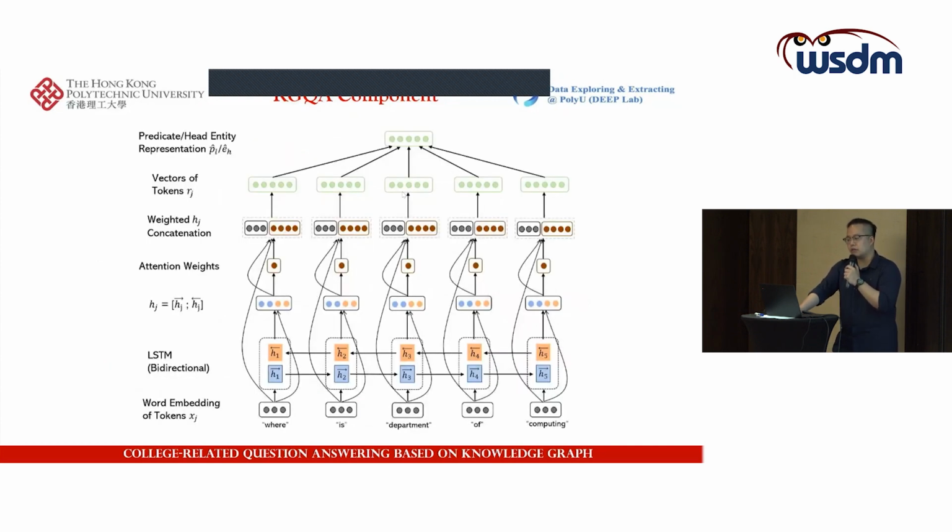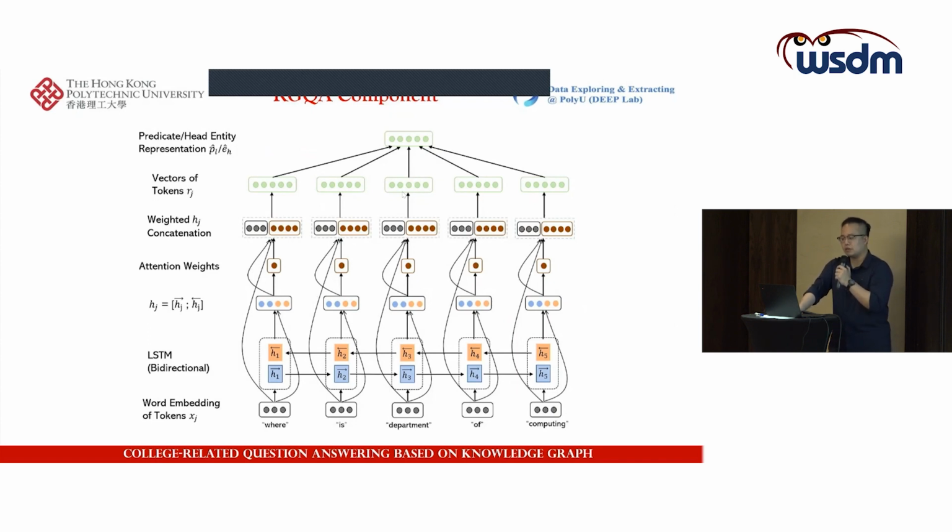So this is the component for how we obtain the entity and relation representation. First, we embed the sequence of the input sentence, for either questions or entity names, and then go through a BiLSTM to get the forward and backward hidden state vectors and combine them as the final vector.